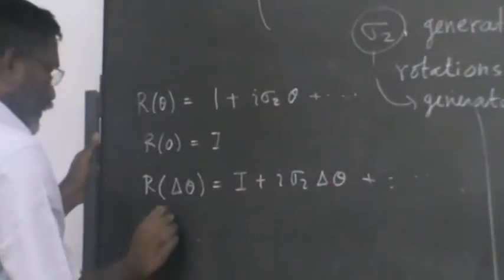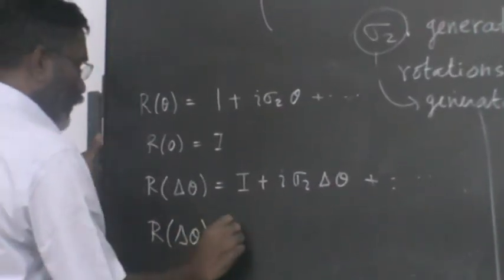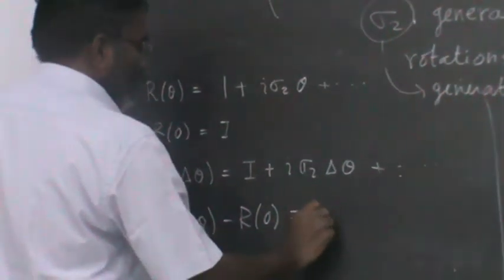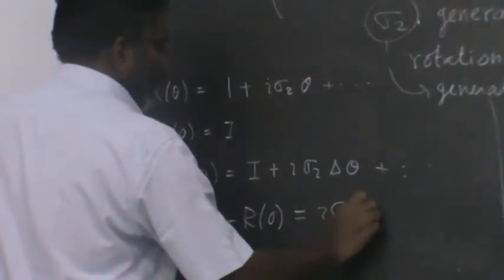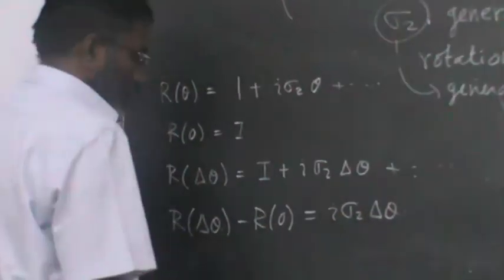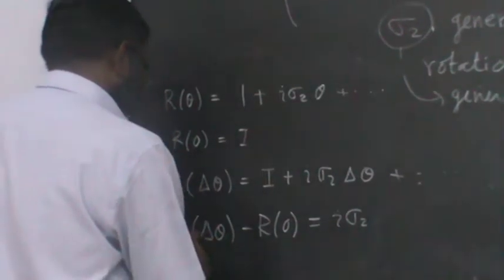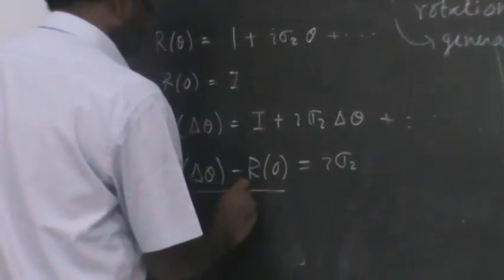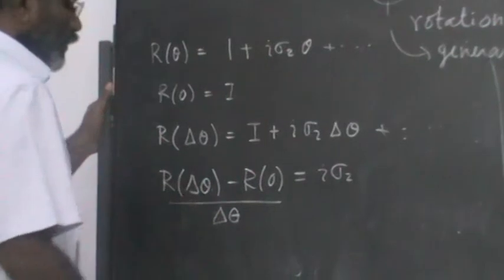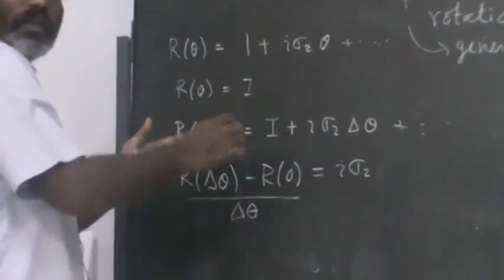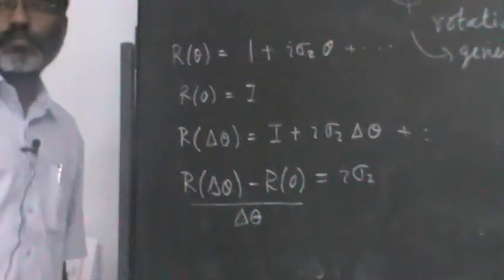So the change, r of delta theta minus r of 0, is equal to i times sigma 2 delta theta. If you want to put this in this language, I take it to the denominator here, and this infinitesimal rotation from the identity is governed only by sigma 2.